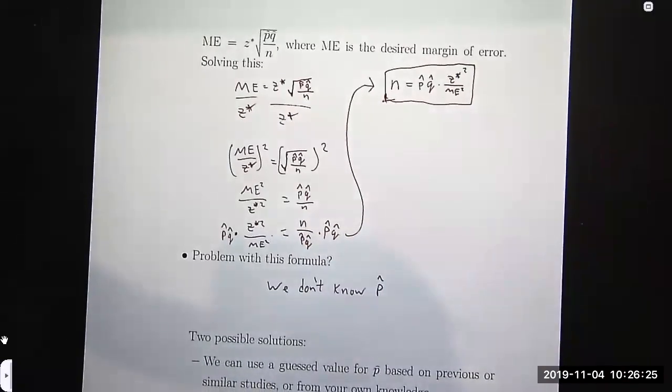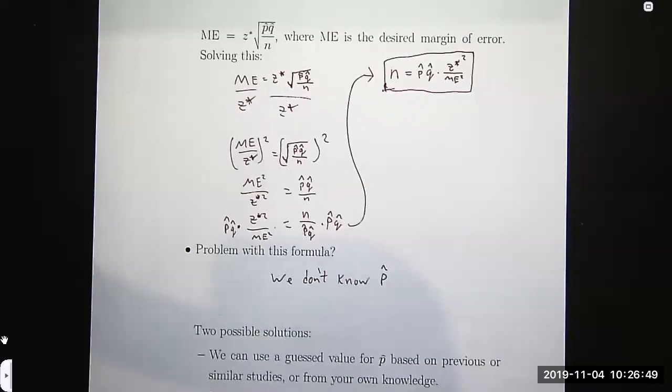That's an issue. All right, so two solutions. You could guess. Or you could use the worst case scenario, which would be 0.5 for p hat, because that will give us our widest margin of error. So that'd be the worst possible guess, is 0.5.